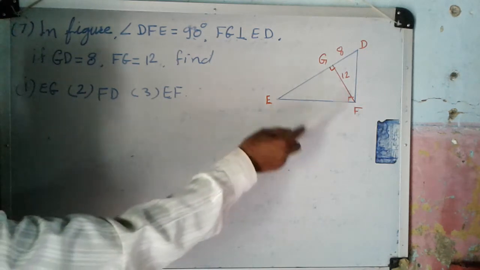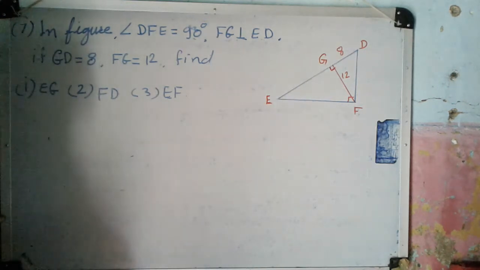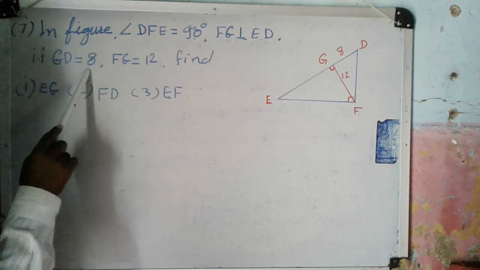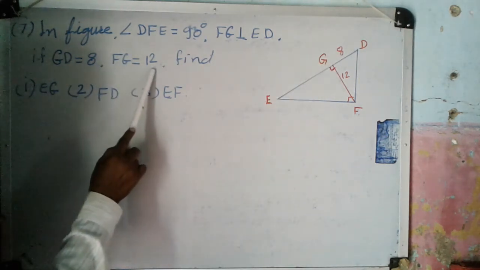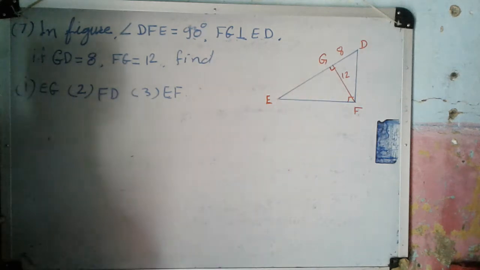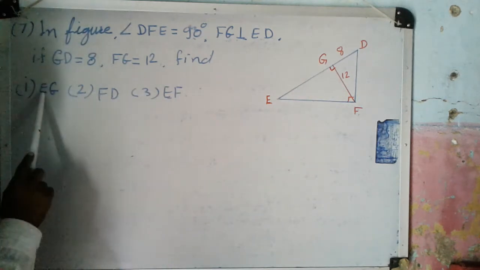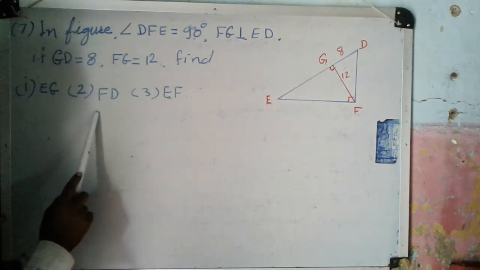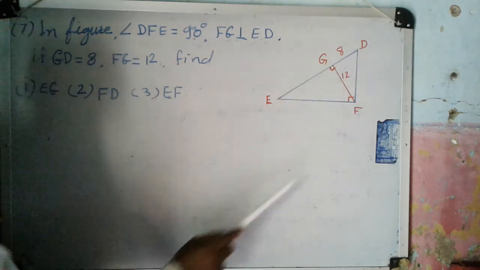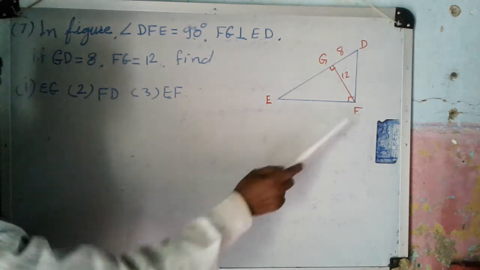That means a perpendicular is drawn on the hypotenuse. And if GD is equal to 8, FG is equal to 12, find EG first, then FD, and third EF.